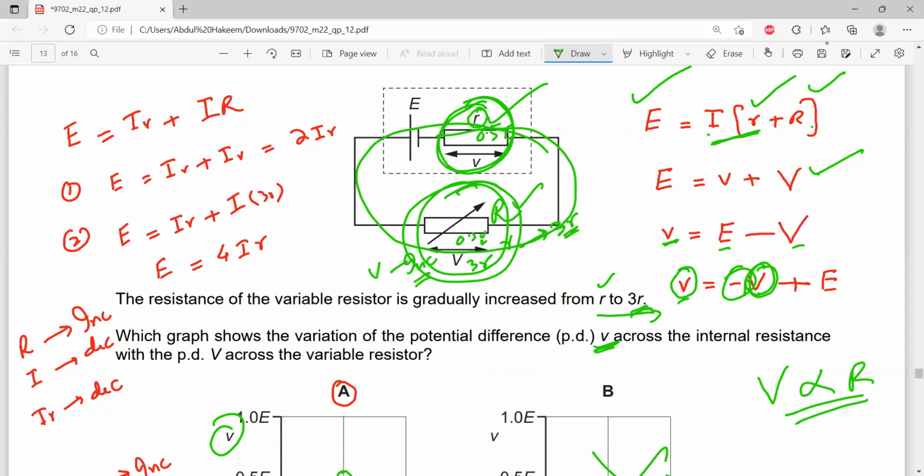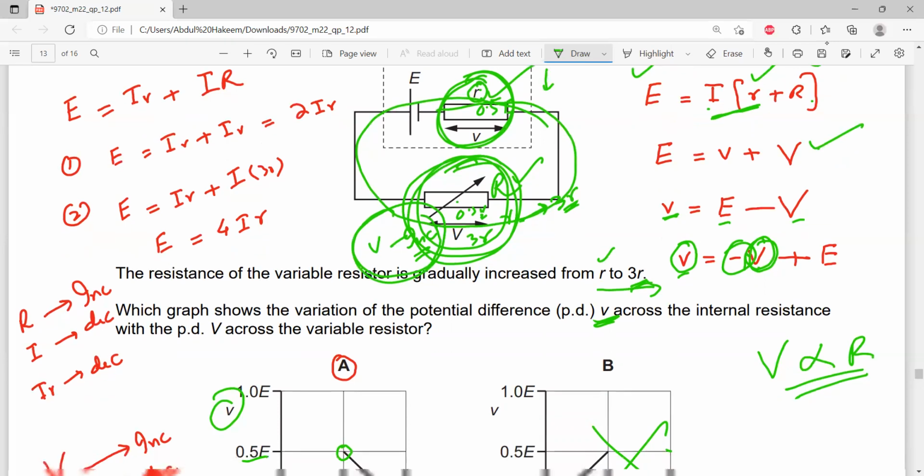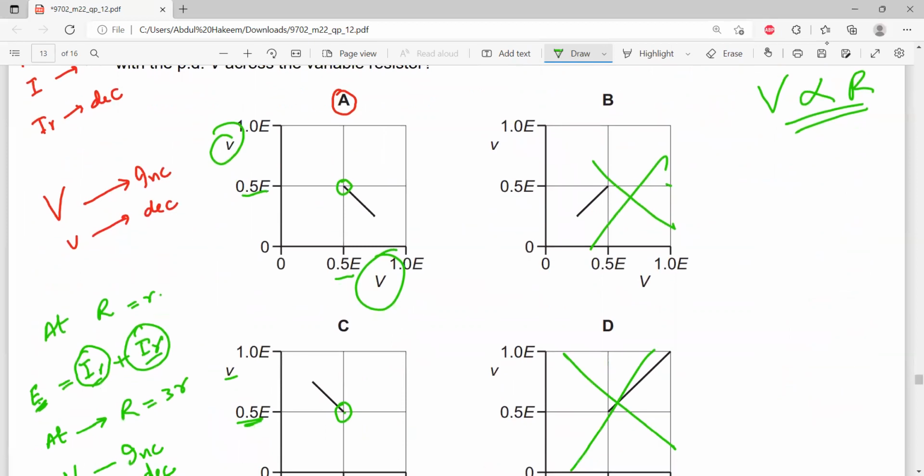When this resistance is 3R, its voltage is large, then the potential across small r, across the internal resistance, decreases. It means when the resistance of the variable resistor increases, capital V increases and small v decreases.